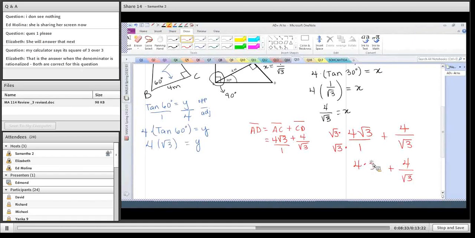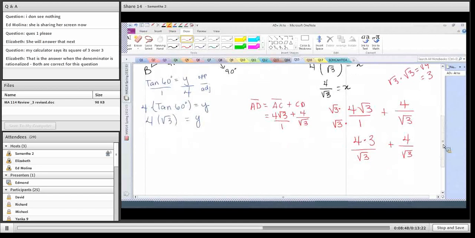It's just 3. So the square root of 3 times the square root of 3 is equal to the square root of 9. And what's the square root of 9? 3. Now what will we end up having here? We'll have 12 plus 4 over the square root of 3, which is 16 over the square root of 3.